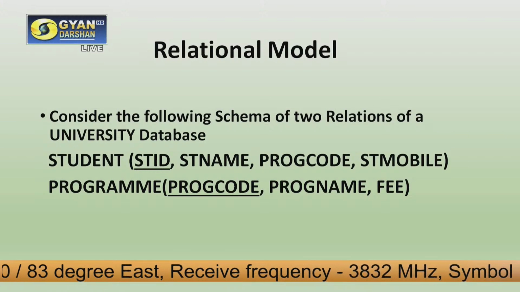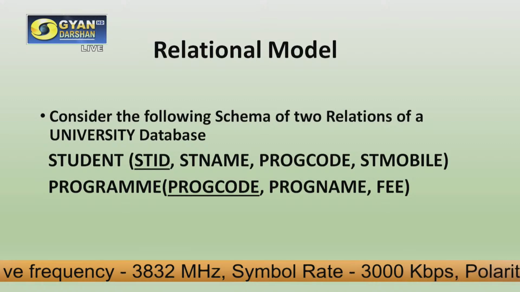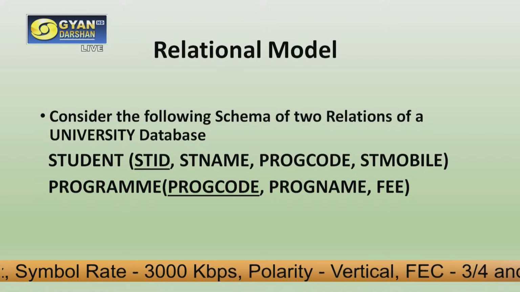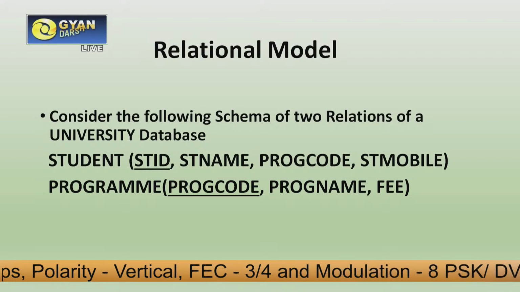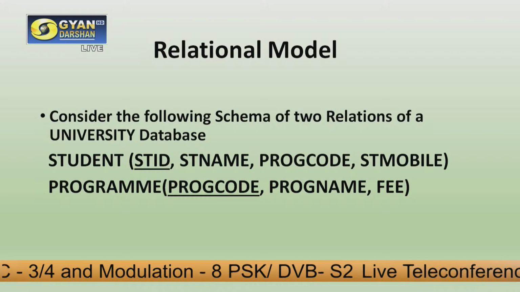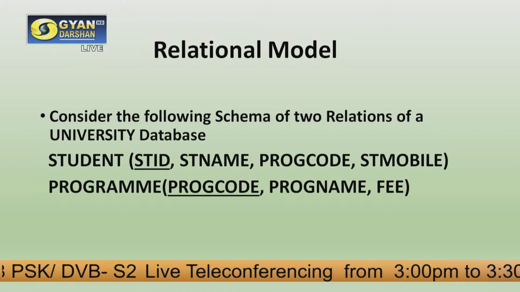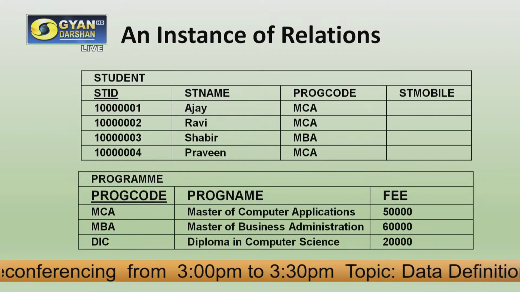Now, when you want to define this particular schema in SQL, what would you like to know first? Well, you would like to know what the different fields or attributes are, what the constraints associated with those attributes are, and how we can define them.